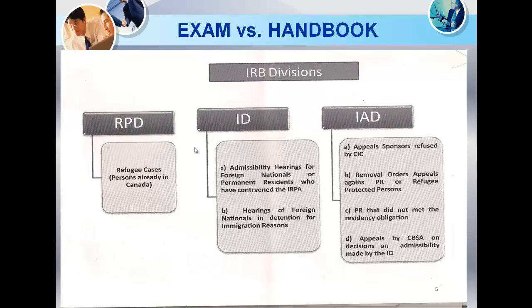Today's topic, we spend a little bit of time on how to reach the right answer from episode 04. Today we will focus on IRB divisions, which have the RPD, ID, RAD, and we will also mention admissibility hearing for foreign nationals or permanent residents who have contravened the Act.